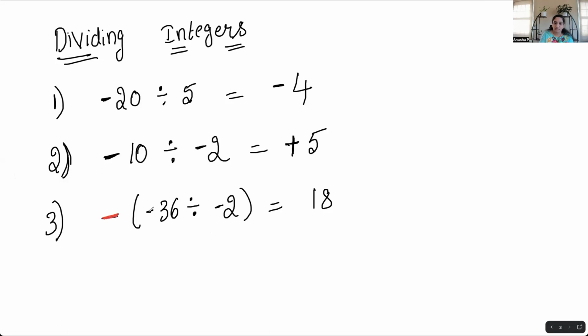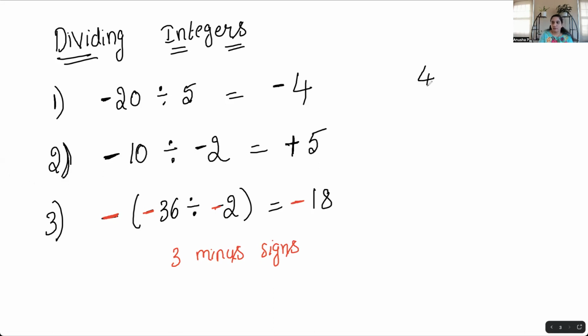So we have 1 negative sign, 2 negative signs, and 3 negative signs. Or we have 3 minus signs or 3 negative signs, right? Negative and minus, they both are the same. Okay, so we have 3 minus signs or 3 negative signs. When you have an odd number of negative signs, the answer will be negative. Okay, the answer will be negative.